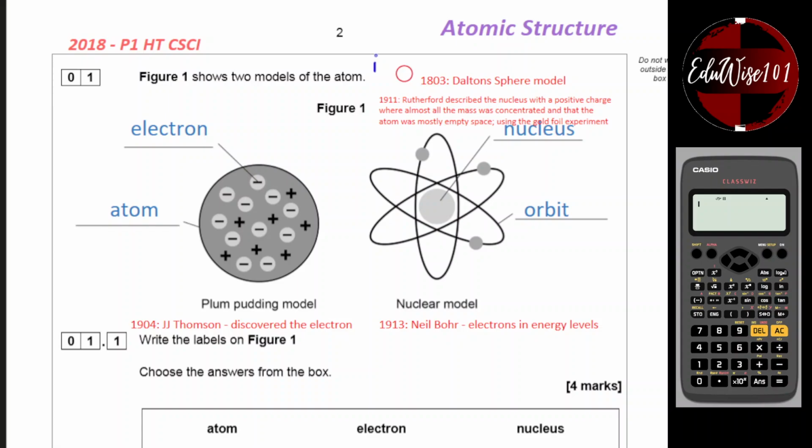So that's the first model that was described. That's the second model. And the third model was Rutherford's model, where he described the nucleus with a positive charge, where almost all the mass was concentrated and the atom was mostly empty space, using the gold foil experiment. Now that gold foil experiment is worthwhile to revise as well, because it's another area where they can ask questions on. And the final model was this. And there was a further model which was actually described, which is a quantum model, which we don't really have to go into here.